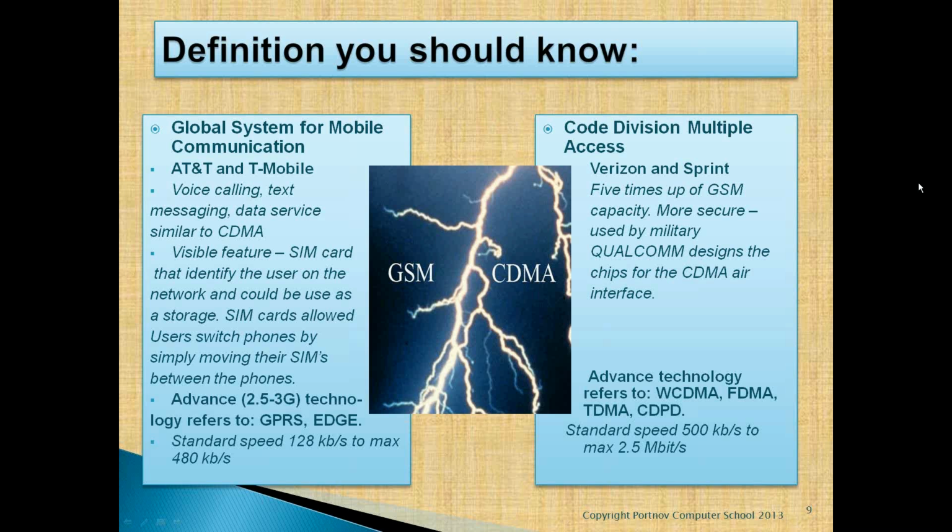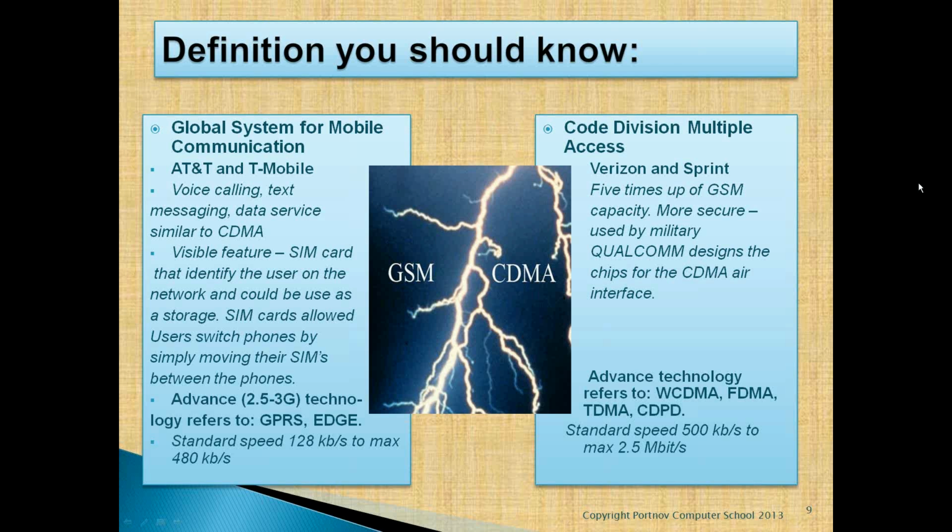You don't need to use expensive roaming services. If we talk about CDMA, then it's primarily related to Verizon and Sprint. It's 5 times faster than GSM. And actually it's more secure because in the beginning it was designed for military use.